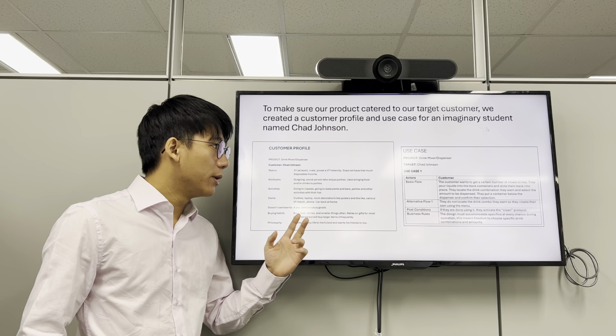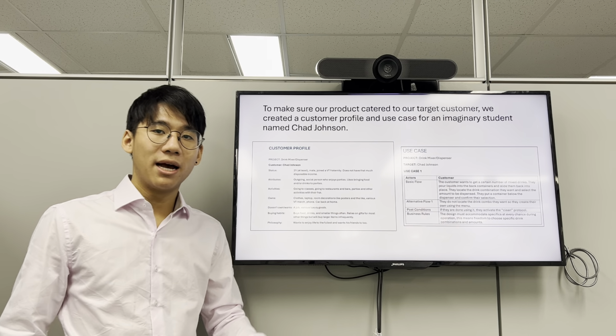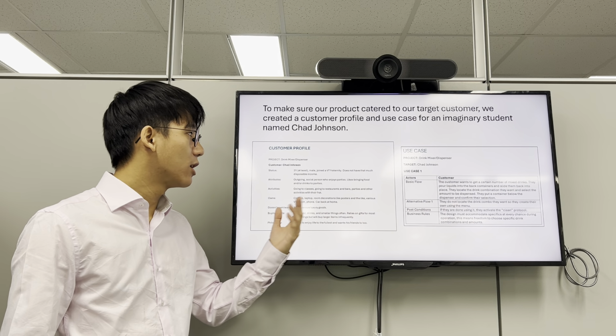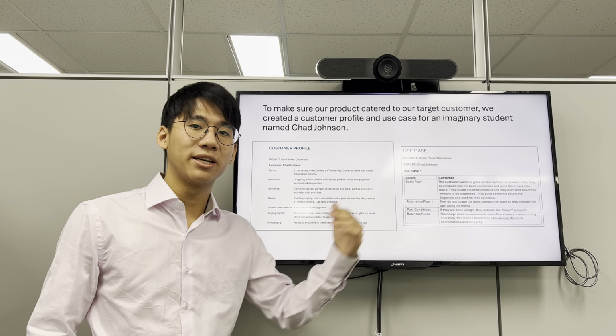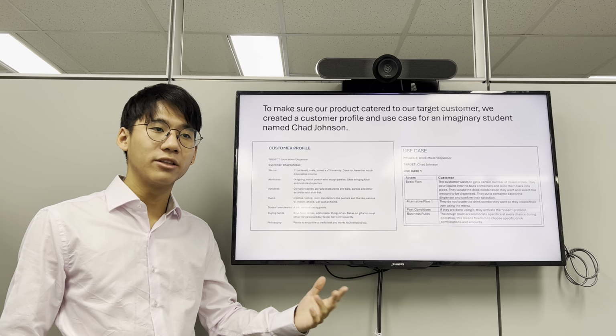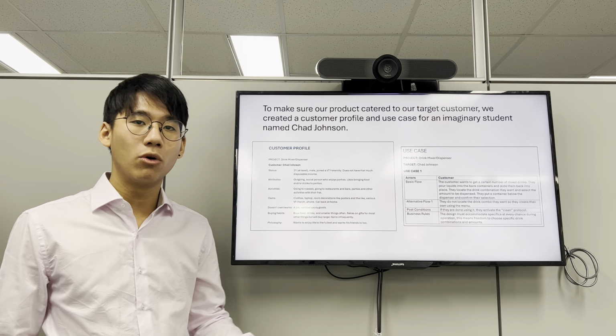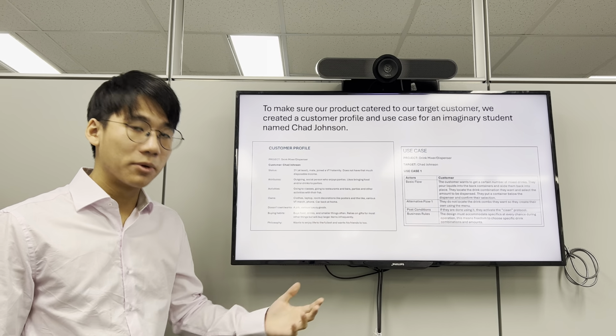Second, we want to understand more about what we need for this product, so we create a customer profile and the use case by sending out different surveys and interviewing different people from Virginia Tech, the college students, to understand more about our customer needs.